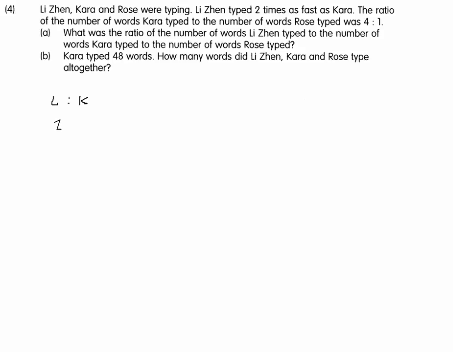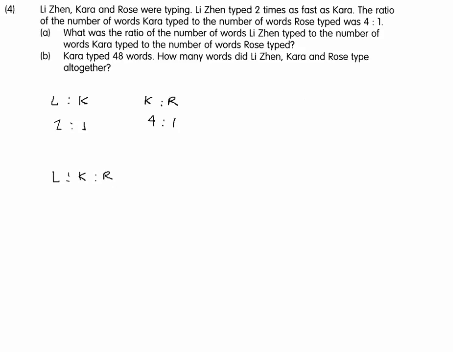Next, we know that the ratio of the numbers Kara types to Rose types is actually 4:1. Okay, we need to find the ratio of the number of words Li Zhen typed to Kara to Rose. So we know that which is the one that we need to make equal?